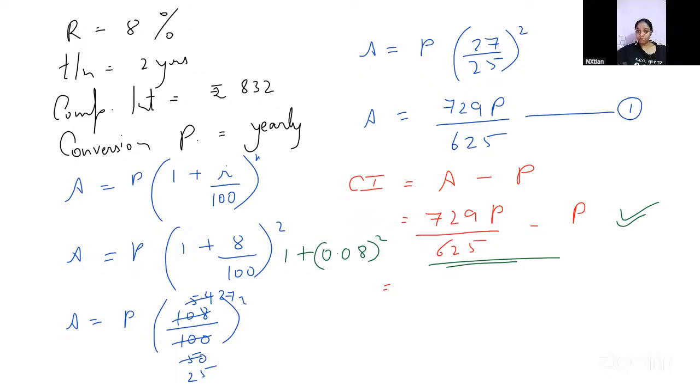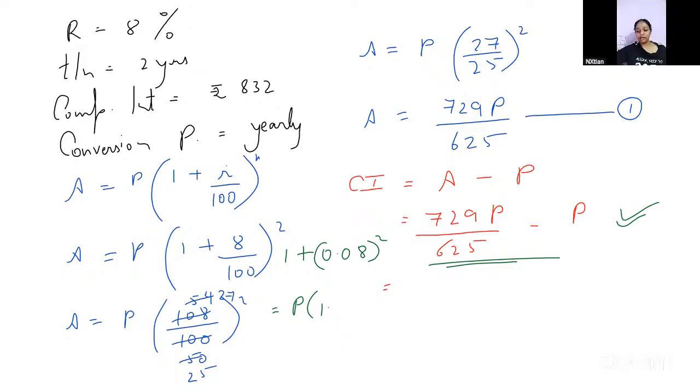Yes, Abraham? Ma'am, why do we do that, ma'am? But don't we have to do 1 plus 0.08 square? Yes. This simplifies your calculation at the end, Abraham. When you're doing it like this, in these questions, it simplifies your calculation. So you can do this or you can do that one also.